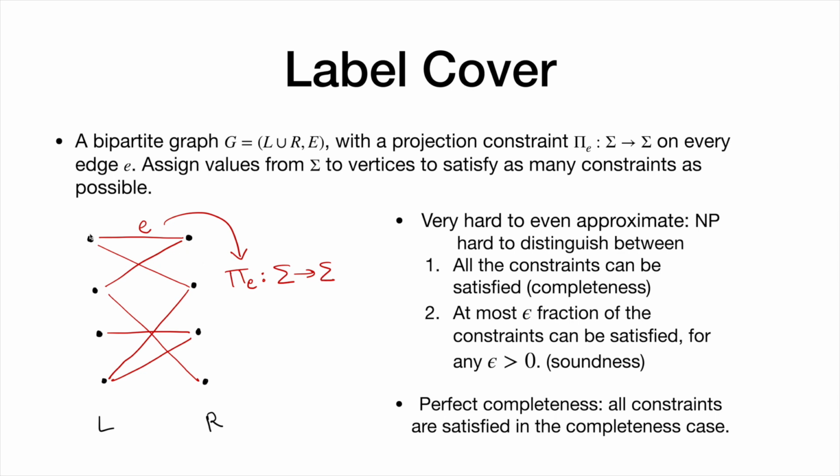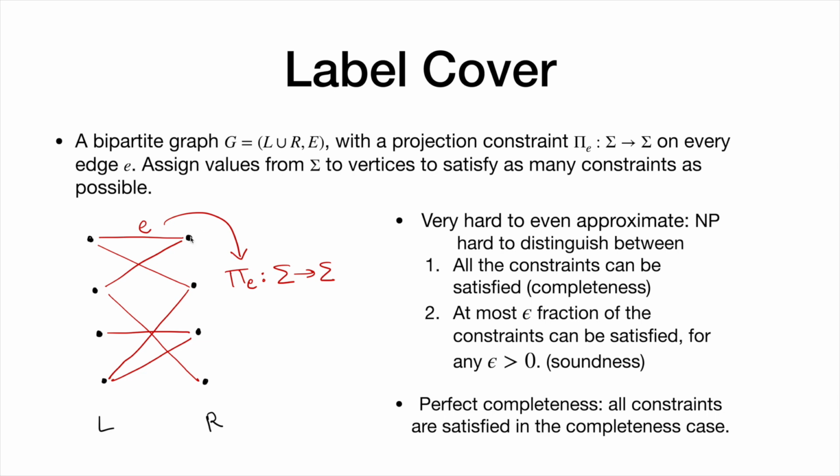So for every assignment on the left, there's a unique assignment on the right that satisfies the condition, and the same holds in the other direction as well. But in general, it's only one direction. For every assignment on the left, there's one assignment on the right that satisfies it, but there could be multiple assignments on the left that satisfy the condition for a single assignment on the right.